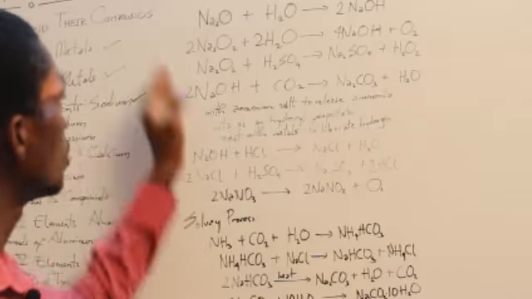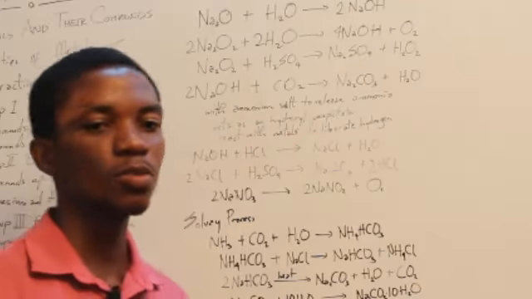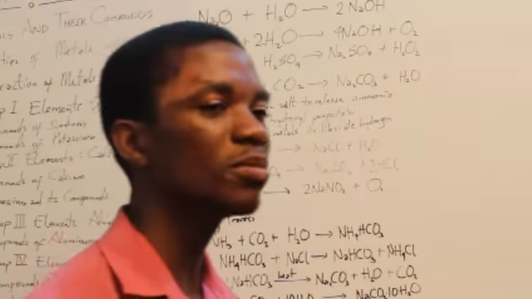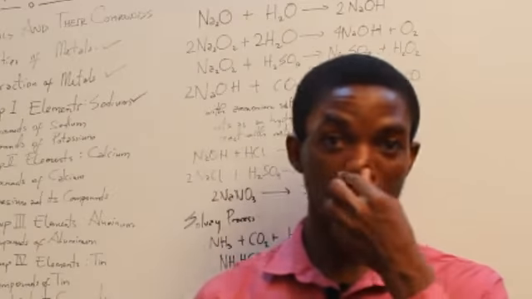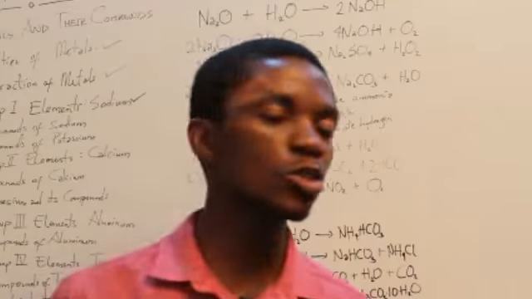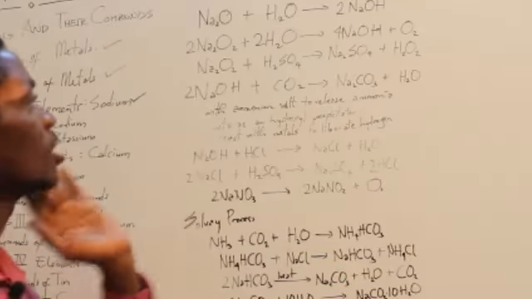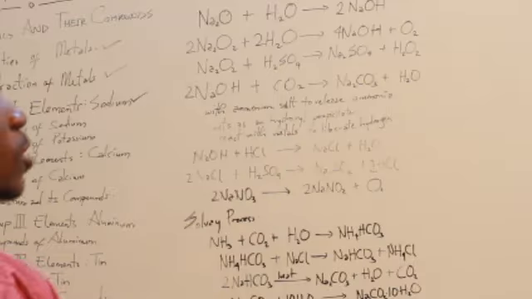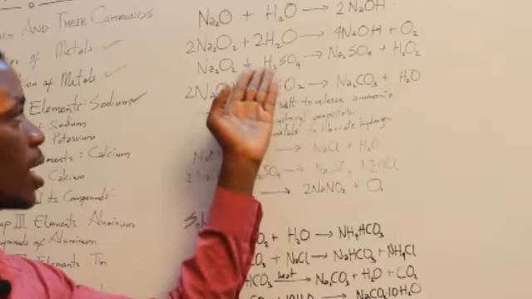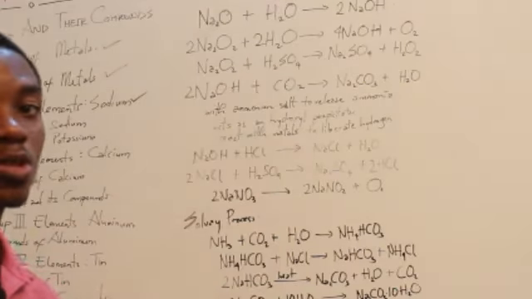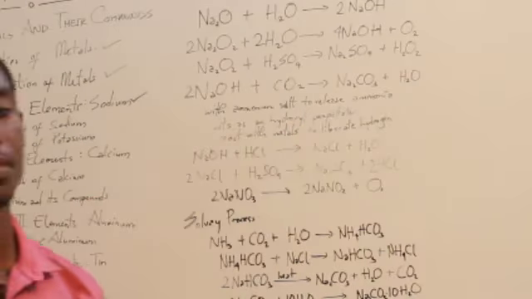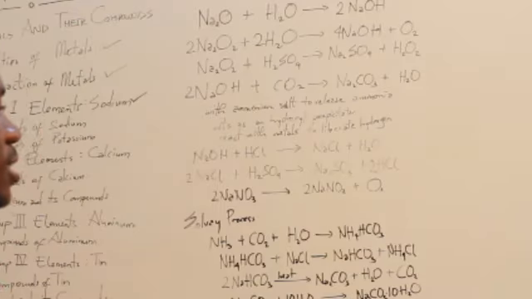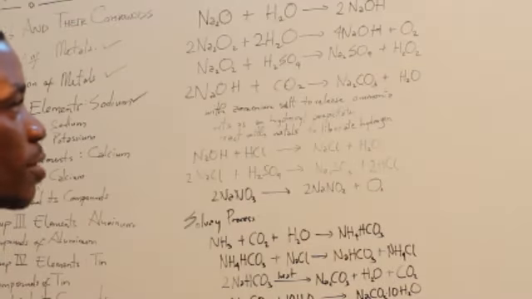Let's talk about sodium peroxide. Sodium peroxide is produced by burning sodium in the presence of excess oxygen or excess air. It reacts with water to liberate oxygen. It reacts with tetraoxosulfate 6 acid to produce hydrogen peroxide.